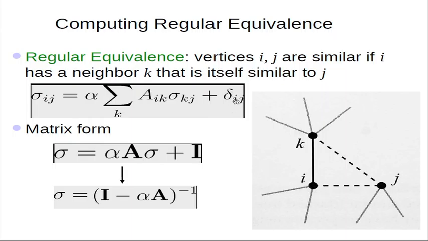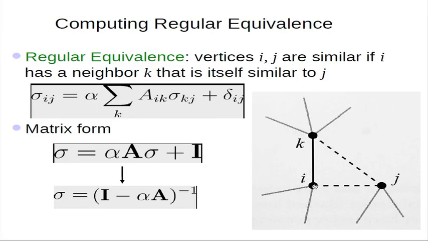So, delta ij is 0 for i not equal to j and equal to 1 for i equal to j. Okay. So, you start with a prescription that each node is regularly equivalent to at least itself.